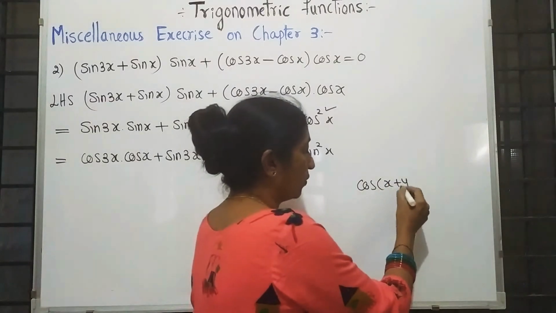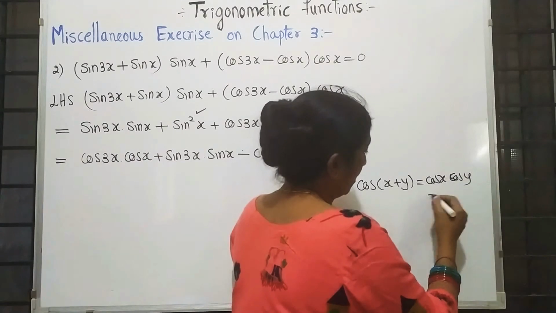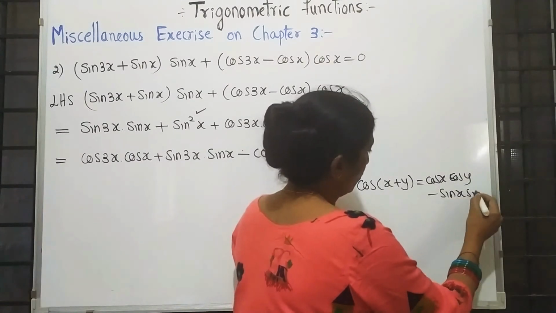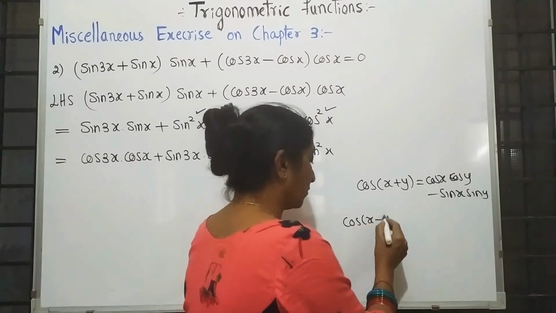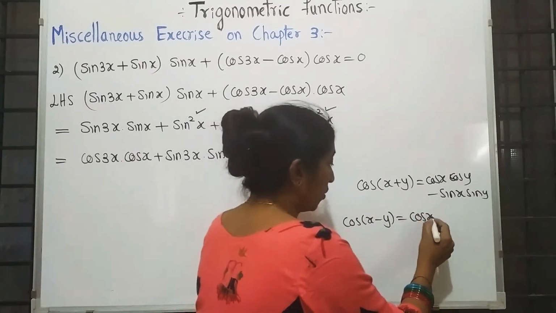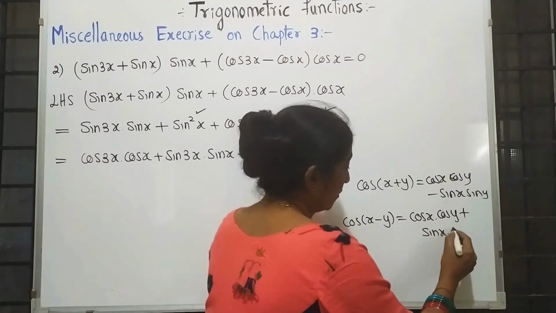Cos x plus y is cos x into cos y minus sin x into sin y. With the help of this we derived one more formula: cos x minus y is cos x into cos y plus sin x into sin y.